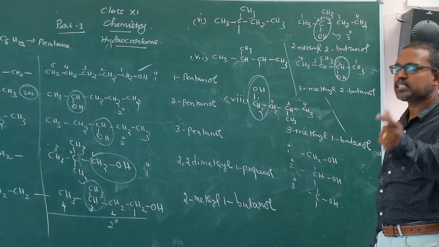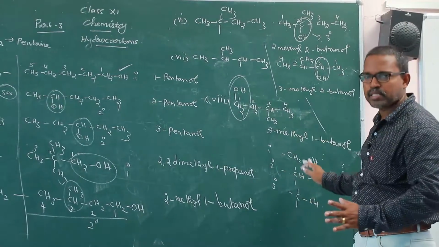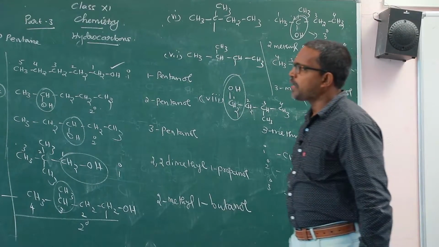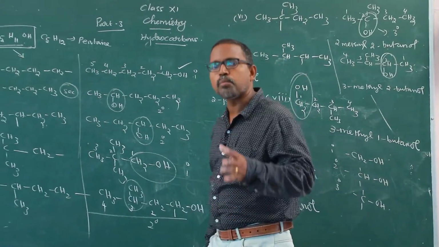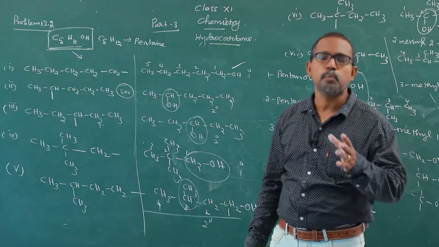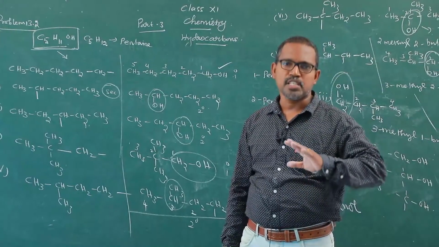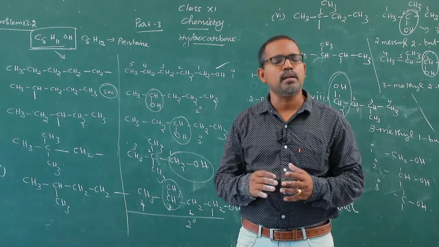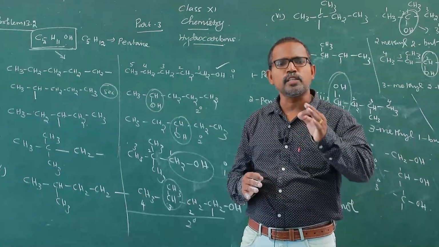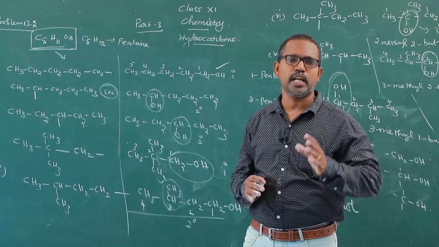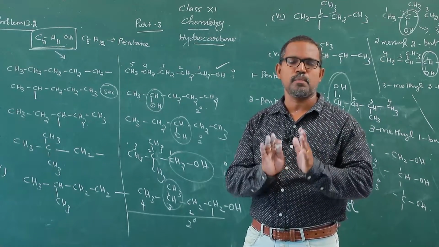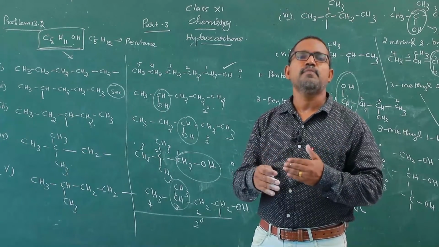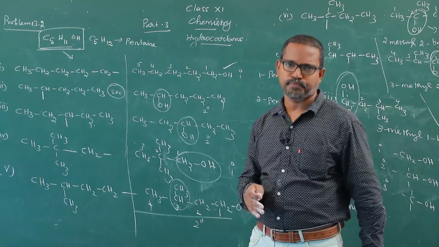Primary, secondary and tertiary carbons and their compounds are identified by this method. And you can also learn one more isomerism, position isomerism. First you learned chain isomerism: organic compounds having the same molecular formula but differing in carbon skeleton.